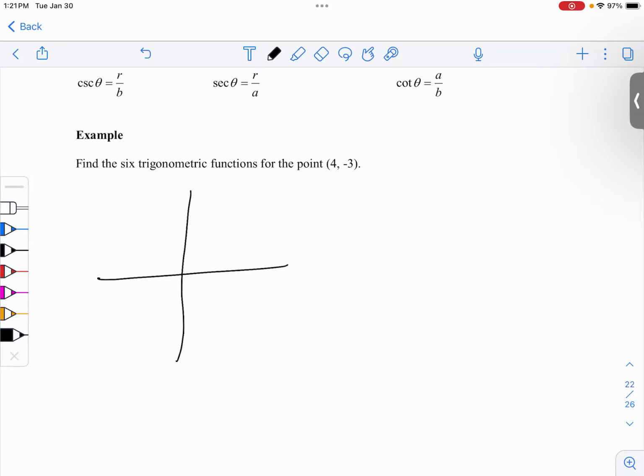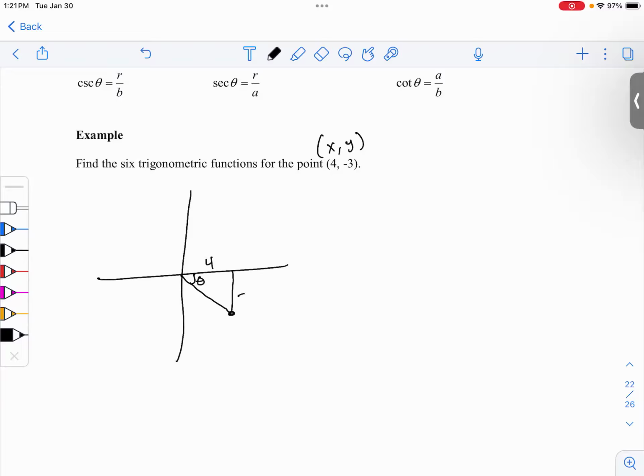So I have the point 4, -3, which is down here. And you create your triangle on the x-axis always. So I have some angle theta. Our point pair is x comma y. So the x distance is 4.